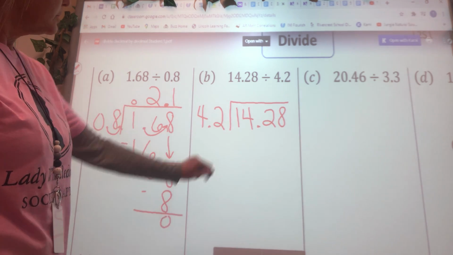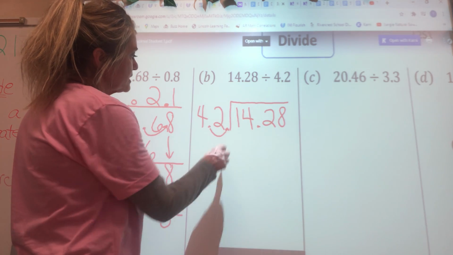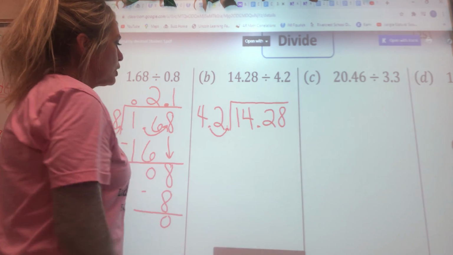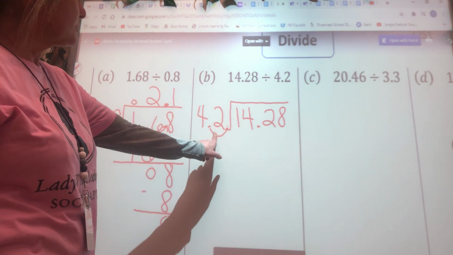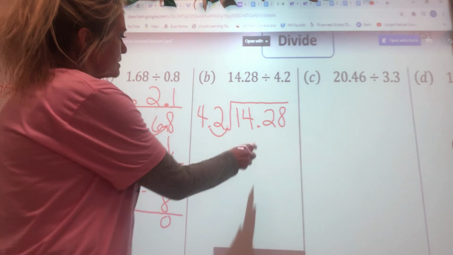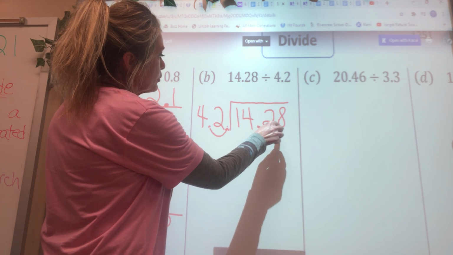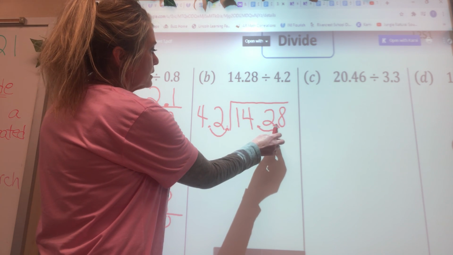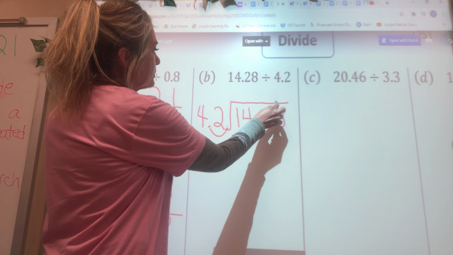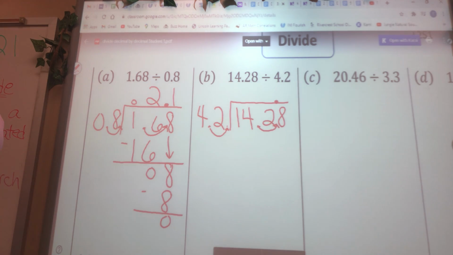To make this a whole number, we would have to move by one multiple of 10. And since we have to do it on the outside, we also have to do that to our dividend. So we would move our decimal by one multiple of 10, go straight up, and put your decimal in so that you don't forget.